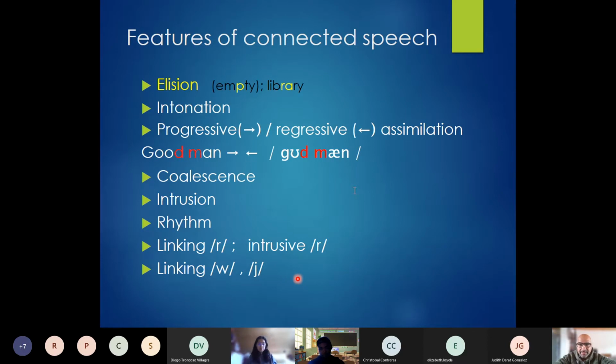And it's an alveolar sound, right? Voiced, alveolar, and plosive. Good man, good man. So the tongue is getting ready to produce the next sound. You say "good", but the tongue is already moving to produce "man". Good man, good man.